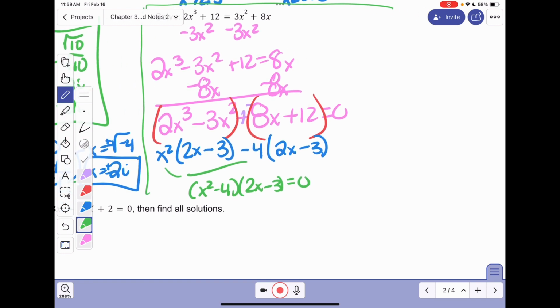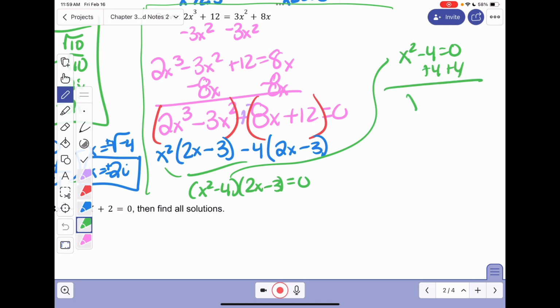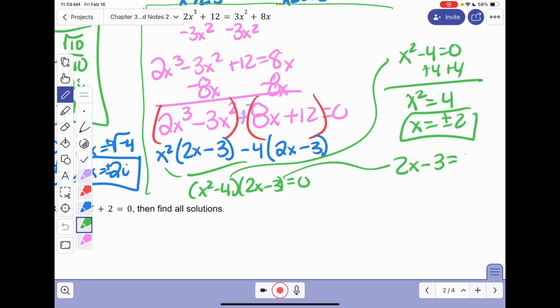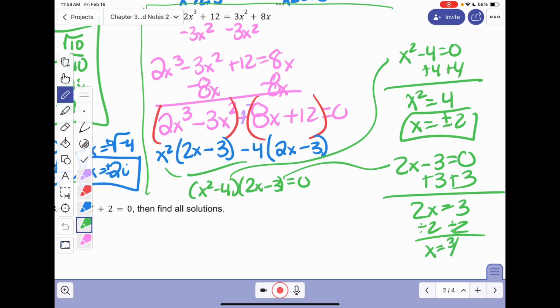So to solve those, x squared minus 4 equals 0. And then I take the square root, so I get positive and negative 2. And then the other one, 2x minus 3 equals 0. I'm going to add 3 to both sides, divide by 2. So my third root is 3/2 or 1.5.